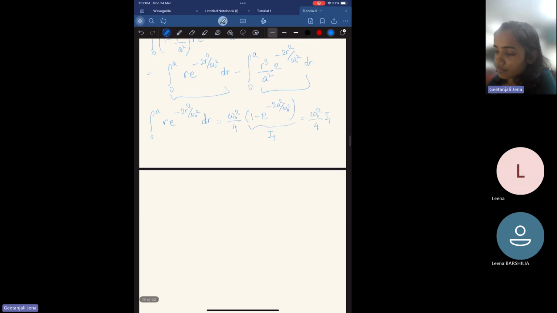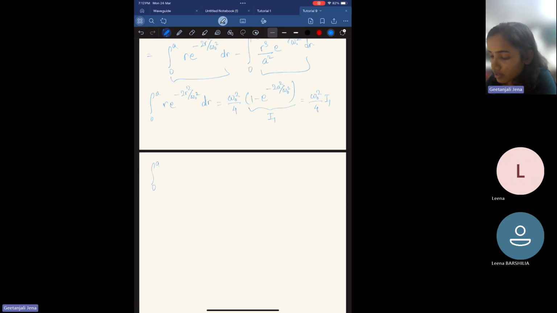The other part involves r cubed, r cube over a square, e to the power minus 2 r square by omega 0 square dr. This will give omega 0 to the 4 by 8a square times 1 minus 1 plus 2a square by omega 0 square, e to the minus 2a square by omega 0 square.